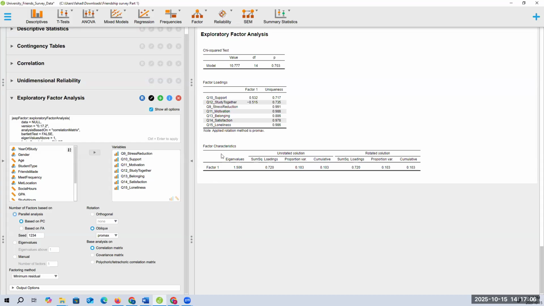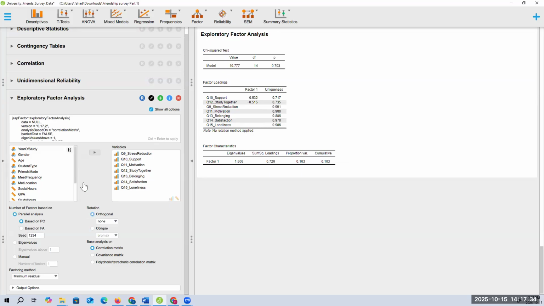Factor 1 applied over here. And normally you would expect that question 9 to 10 would be more of social support, whereas academic motivation would be question 11 to 12. And question 13 to 14 will relate to another factor. So you would expect 3 factors, right?